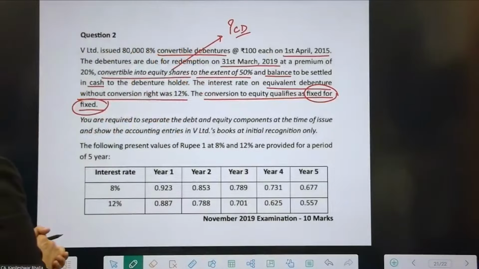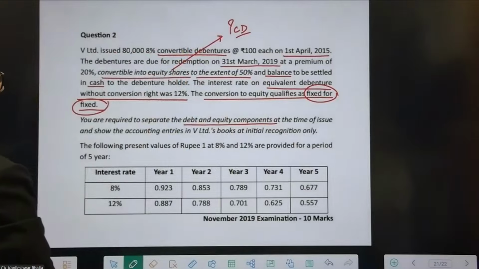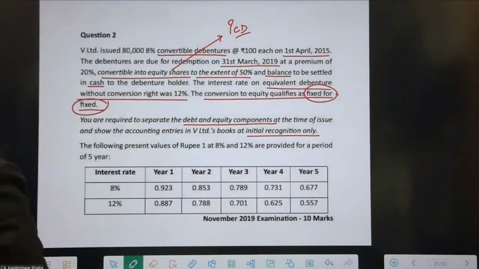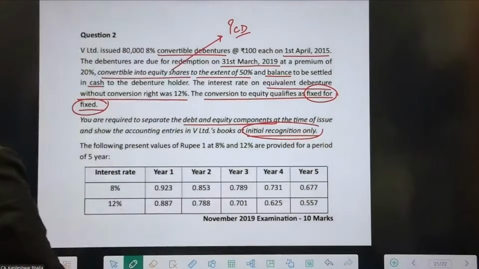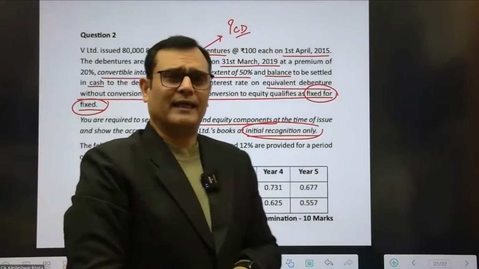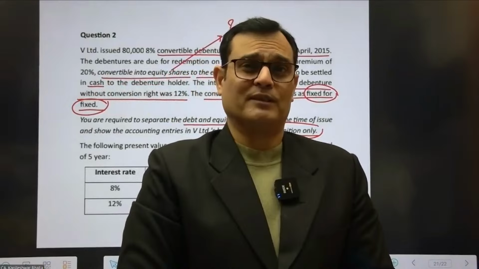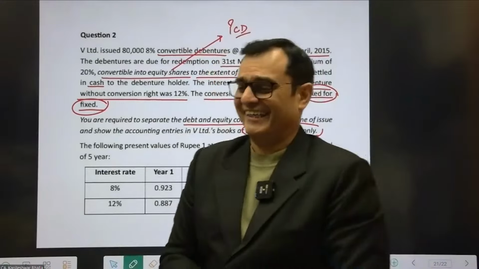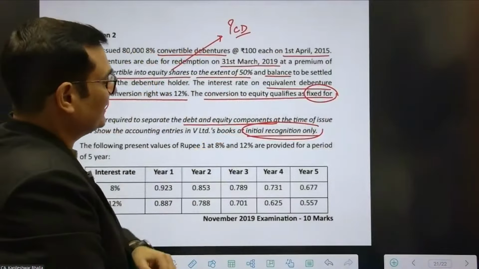Okay, let's go further. You're required to separate the debt and equity components at the time of issue and show the entries at initial recognition only, and the following present value of 1 rupee factors are given. We just asked for the accounting at the initial recognition. Do you want me to show you the recognition at a later date as well? Do you want me to make the ledger accounts for a period of 4 years? You can say no. I will easily listen to you. So it says that we want the accounting of the initial recognition.